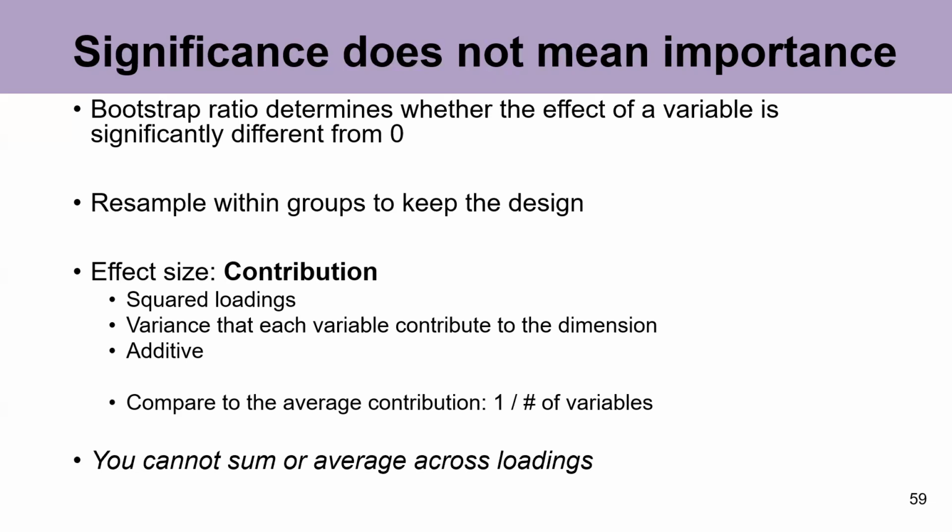If you want to add them up, for example, if you want to compute a mean across a set of loadings, make sure you square them before you add them or compute the mean of them. And that is because, for example, in PCA, we have these loadings.